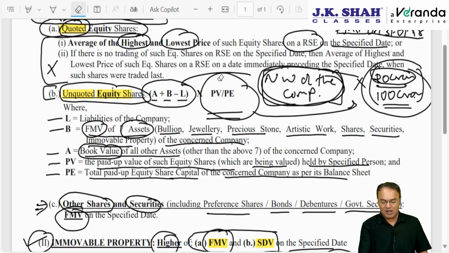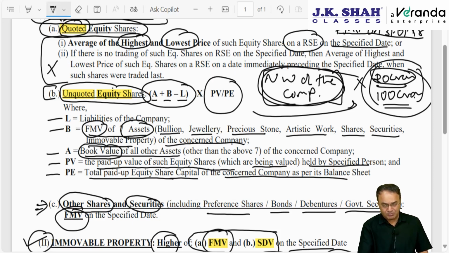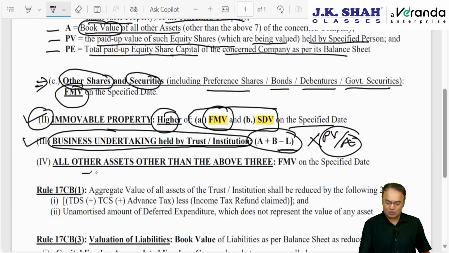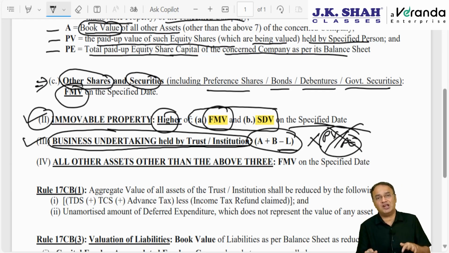Otherwise, PV divided by PE is not to be done. But as far as its own undertaking is concerned, PV divided by PE is pointless because this is owned by the trust entirely.